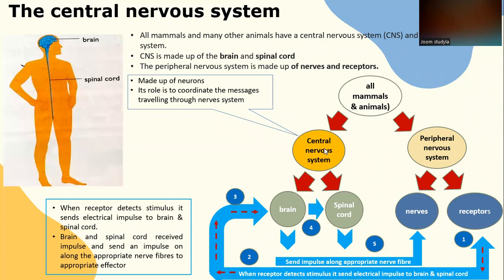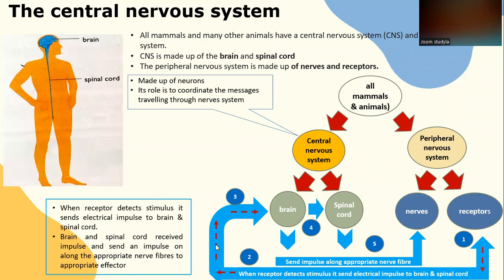What is the central nervous system? The central nervous system is made up of neurons. Its role is to coordinate the messages traveling through the nervous system. Let's look into this situation. First, when a receptor detects a stimulus, it sends electrical impulses to the brain and spinal cord.